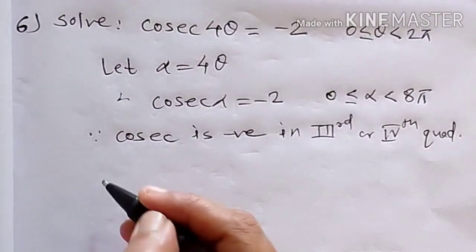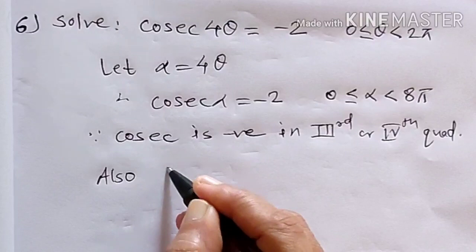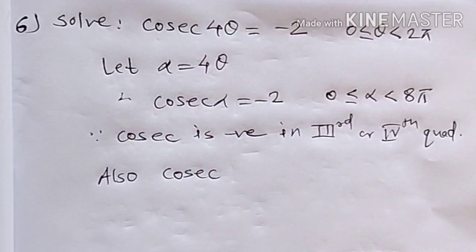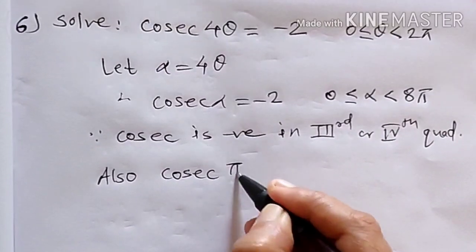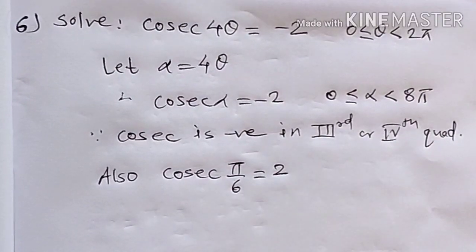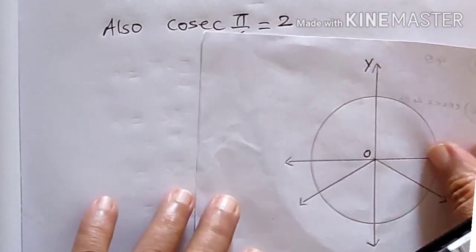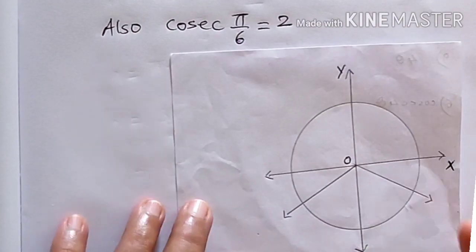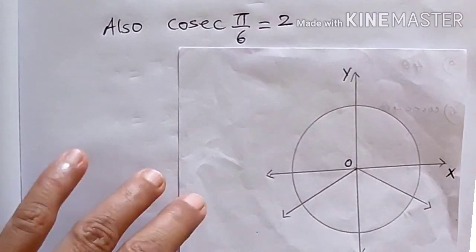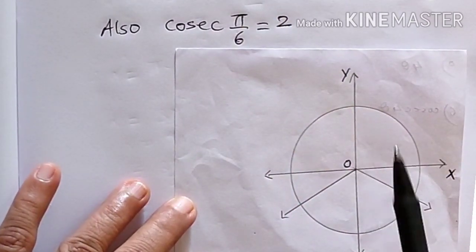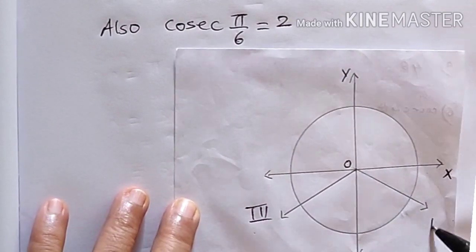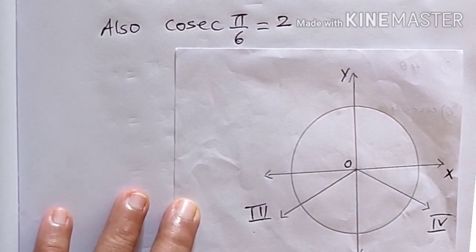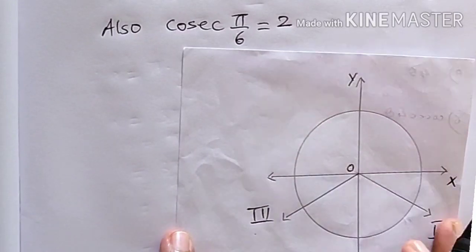Also, cosec of which angle is 2? Cosec of pi by 6 is 2. Now using all this we will proceed. So these are the possibilities: cosec negative is possible in the third quadrant and the fourth quadrant. How much is this angle?